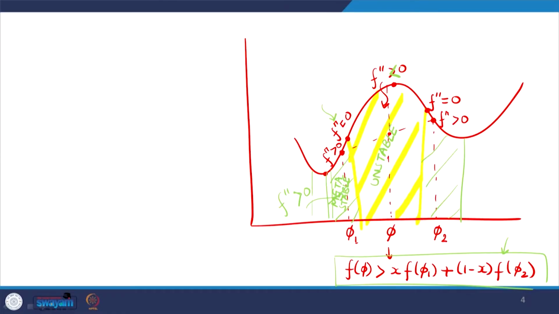In the remaining regime, when f double prime is higher than 0, we can be in a state that is metastable, that will remain in a state of higher energy in comparison to the equilibrium energy, that is the state of phase separation, as long as the fluctuations are not large enough. So, this particular point where f double prime is equal to 0 is called the spinodal point.